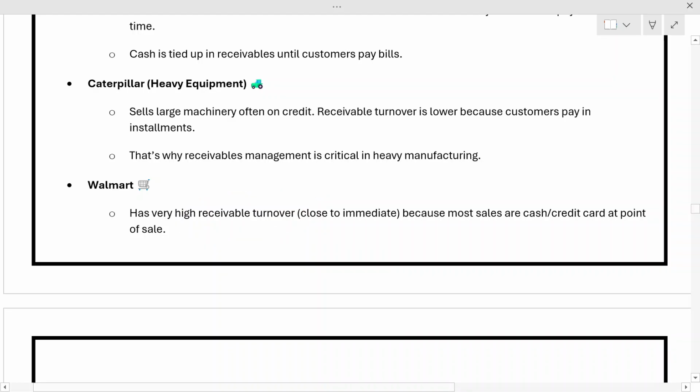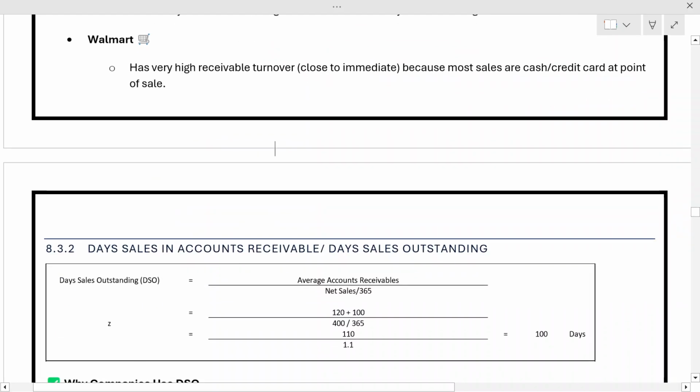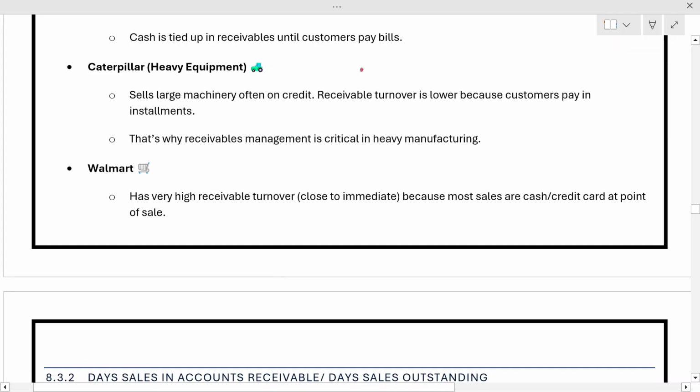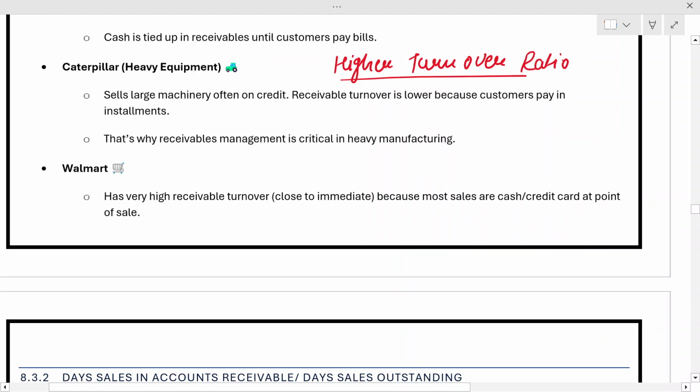Basically, this turnover ratio simply comes down to one thing: if the turnover ratio is higher, you will have lower collection days, and lower collection days are better for the business.